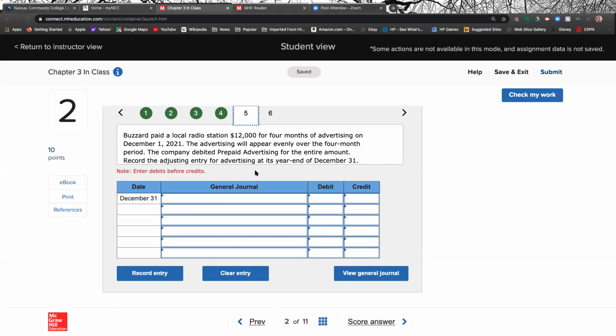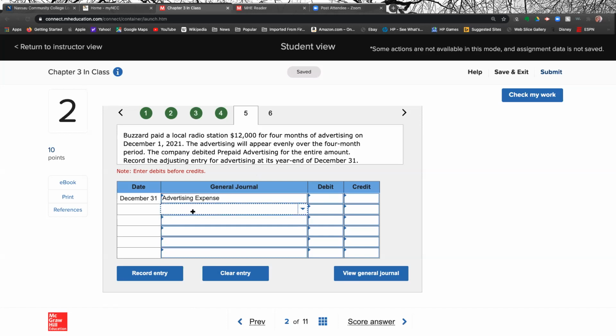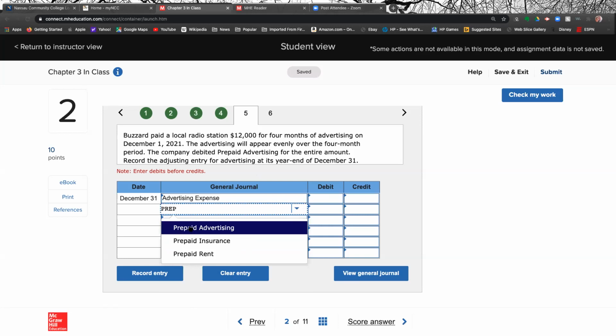The advertising will appear evenly over the 4-month period. So what's 12,000 divided by 4? That's $3,000 a month. The company debited prepaid advertising for the entire amount. That was back on December 1st. Record the adjusting entry for advertising at the end of the year. Okay, well, advertising expense and prepaid advertising, right?